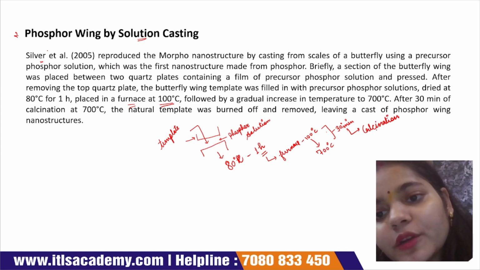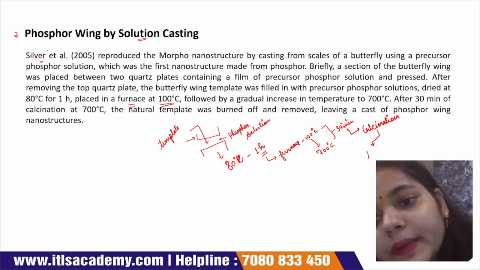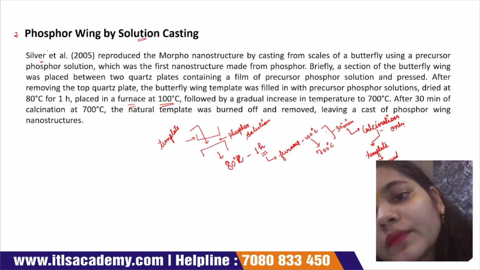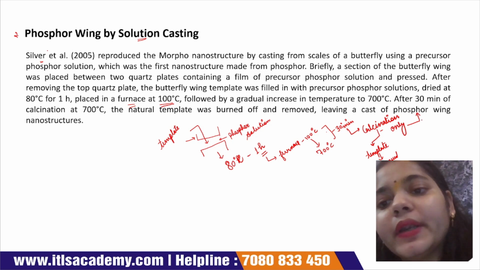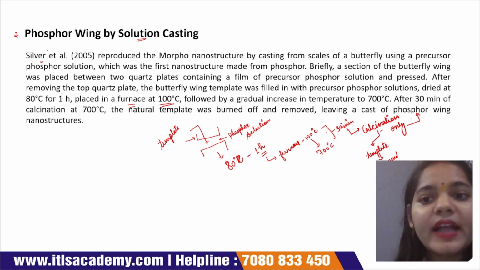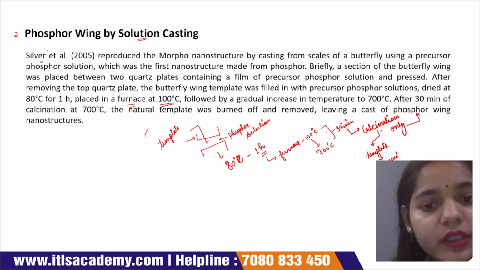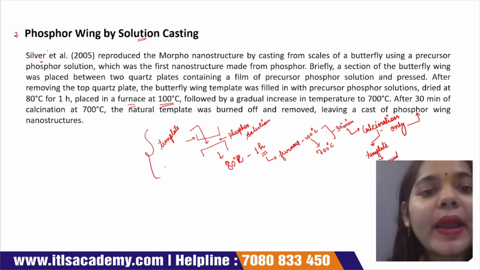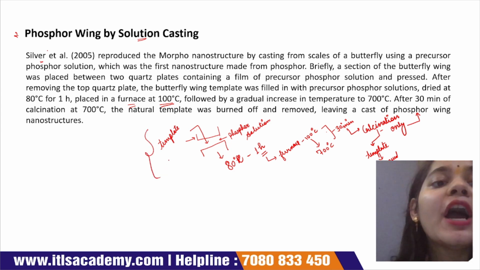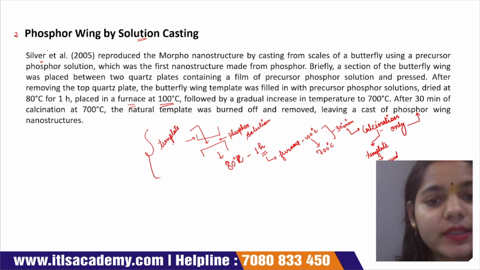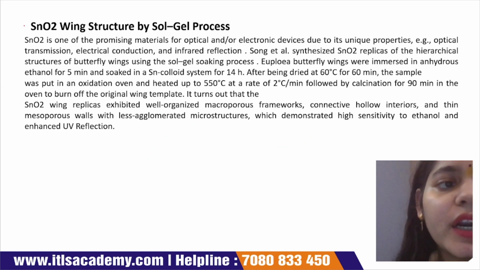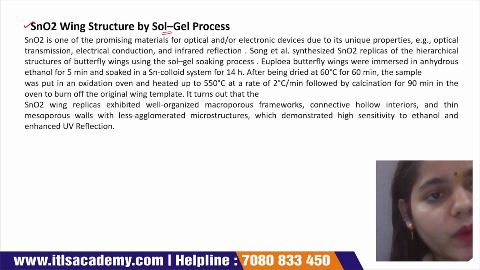In the calcination process, our template is removed and only the phosphor wing remains. To follow these steps, we easily manufacture the phosphor wings by the help of the solution casting method.